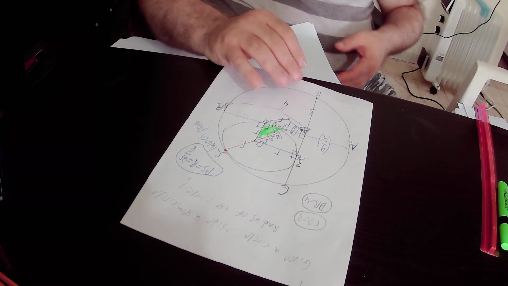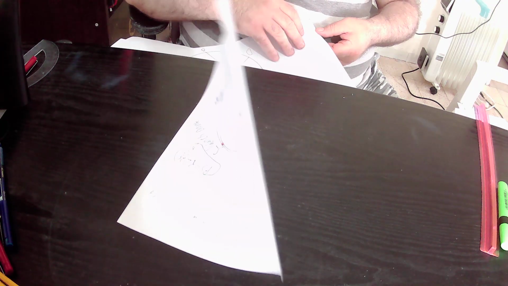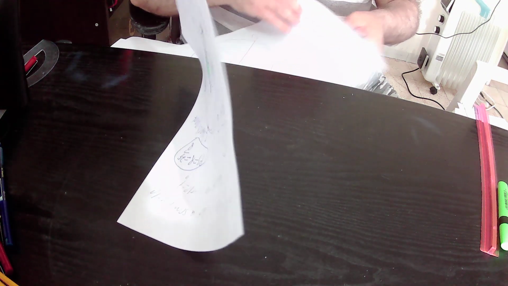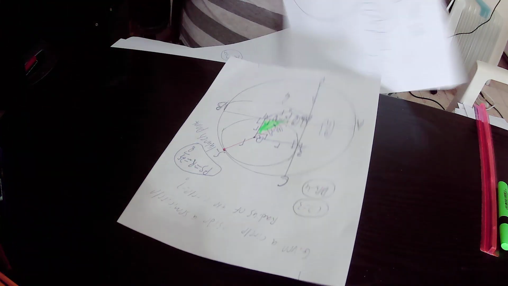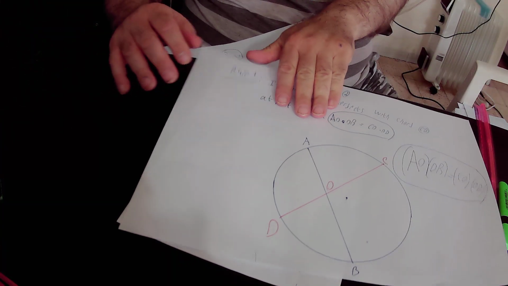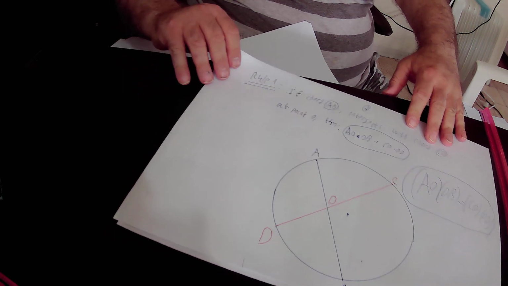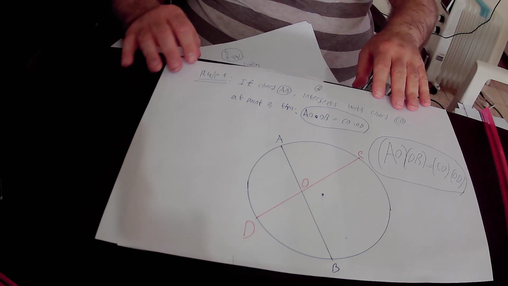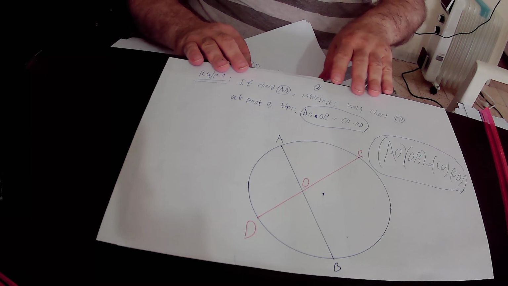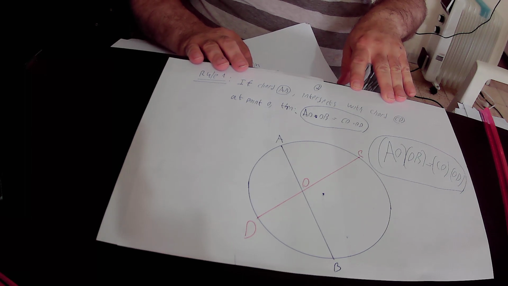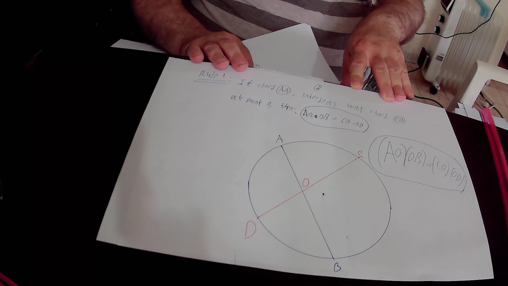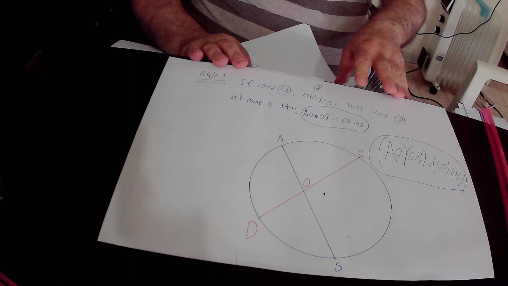Then I presented to you rule number 1. According to rule number 1, if chord AB intersects with chord CD at point O, then AO times OB equals CO times OD.